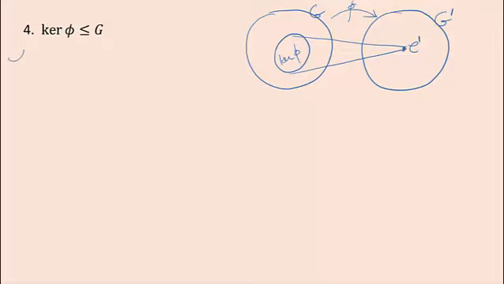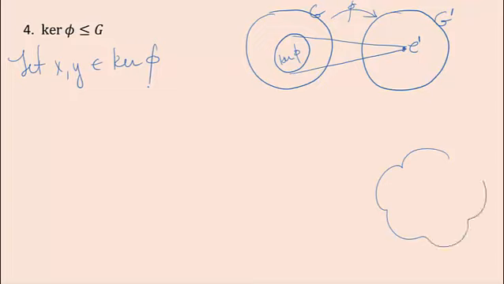Let x and y be in the kernel of phi. And we want to show, let's put a little thinking bubble down here, that x y inverse is in the kernel of phi. So in other words, we want to show that phi maps x y inverse to e prime. So that's what we hope to end up with.